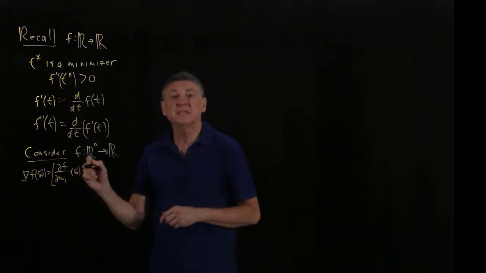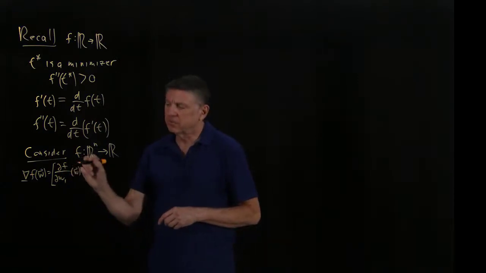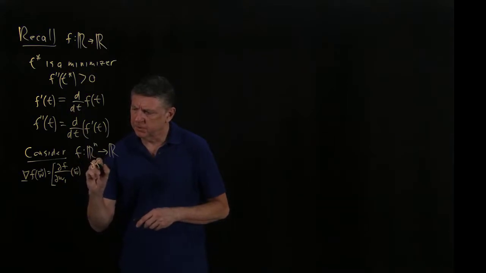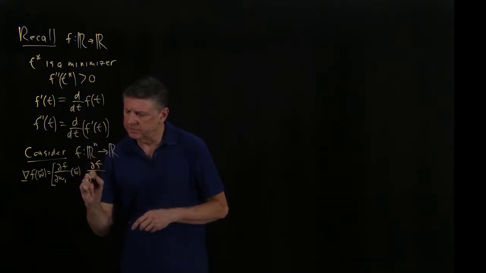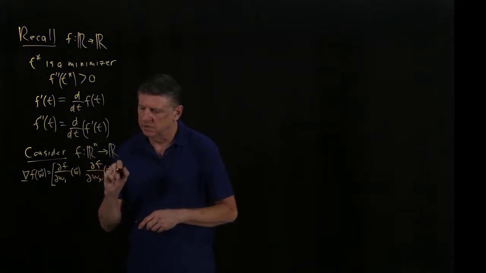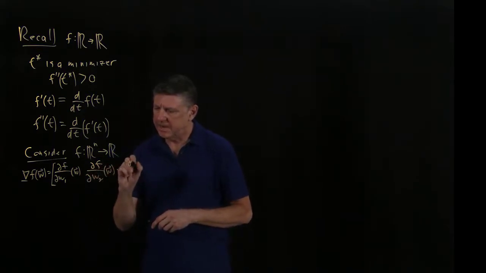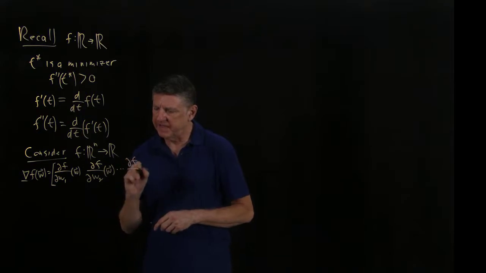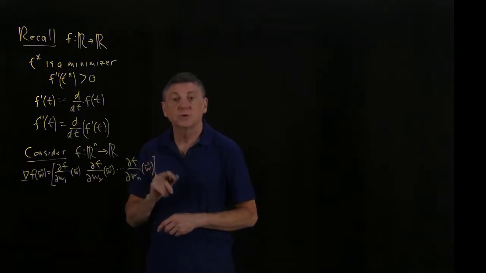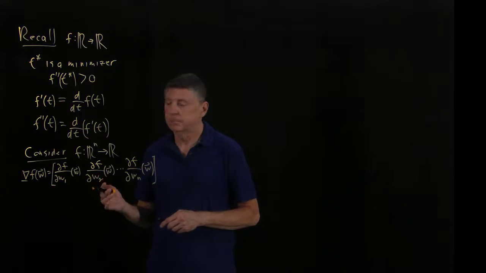Subsequently, I'll drop these evaluate-at-w. For now, let's keep doing this. So the partial derivative of f with respect to component 2 evaluated at w, and so on, and the partial derivative of f with respect to component n evaluated at w. So that was our gradient one-form.